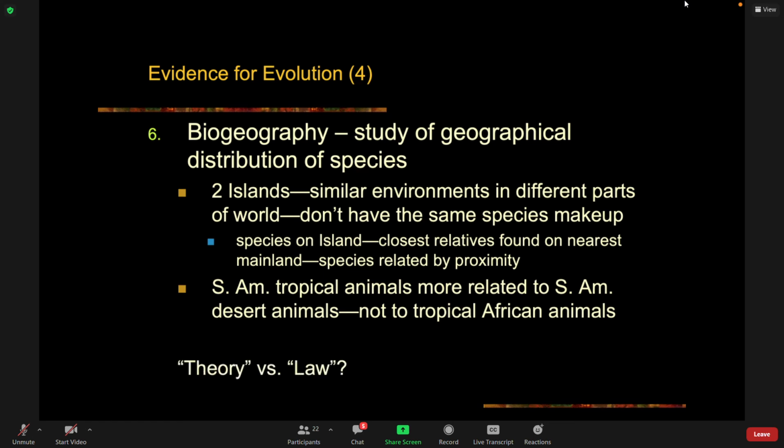Now, some of the things before I leave this, so these are broad areas where we have a lot of evidence that makes sense with evolution, but not with special creation. I want to be careful here, though. One thing, if we have an omnipotent God, he, she, it, or they can create the world any way they want.